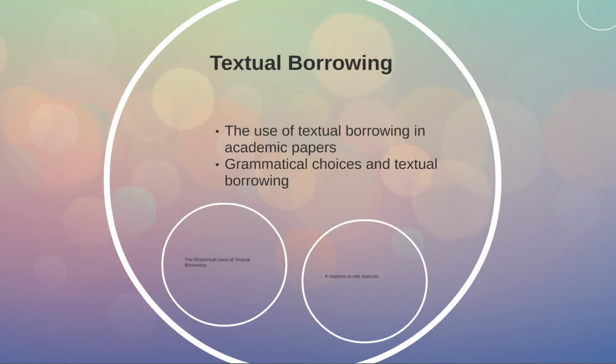In the second module, we're going to look at textual borrowing. Textual borrowing simply refers to the use of source text as a way of building texts up. And so every academic text is based on previous research, and so you'll need to use a variety of sources in your text.